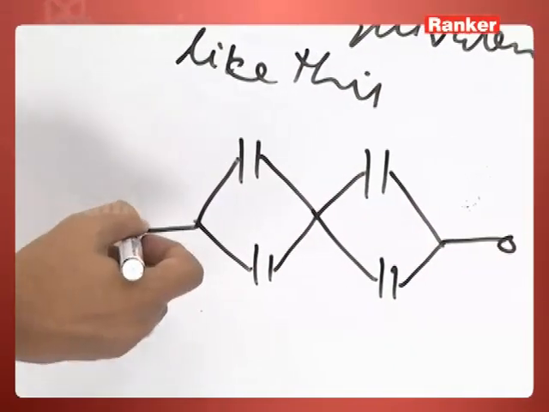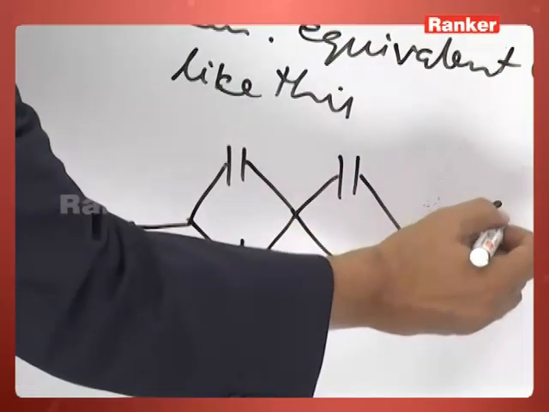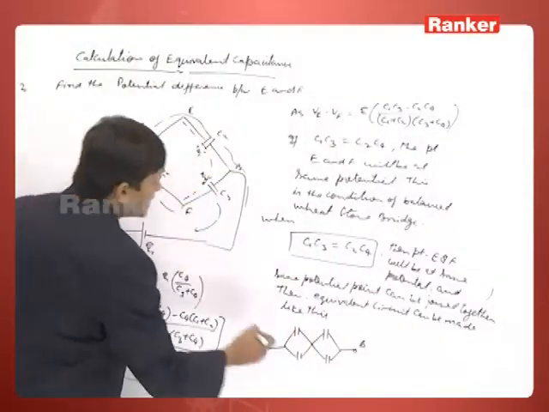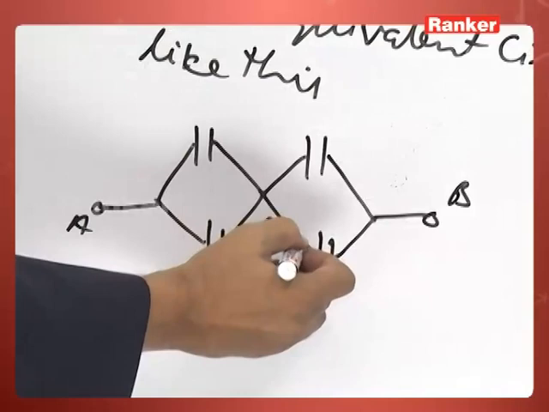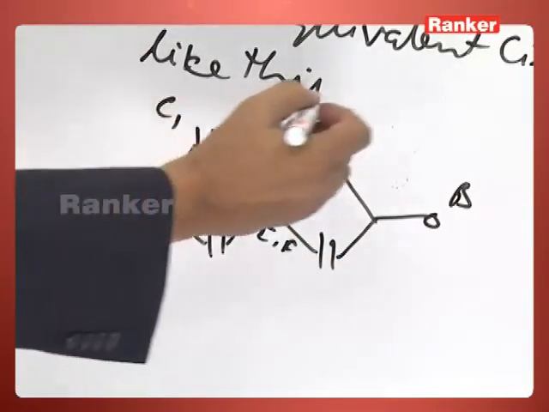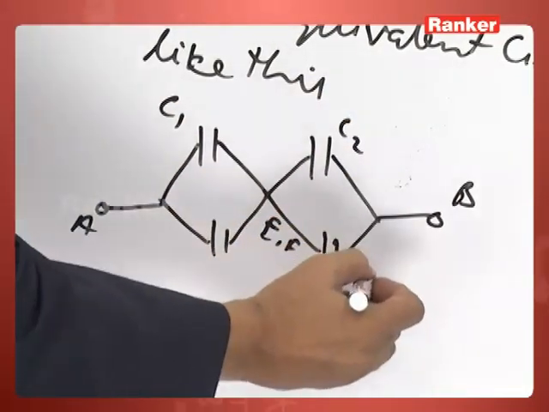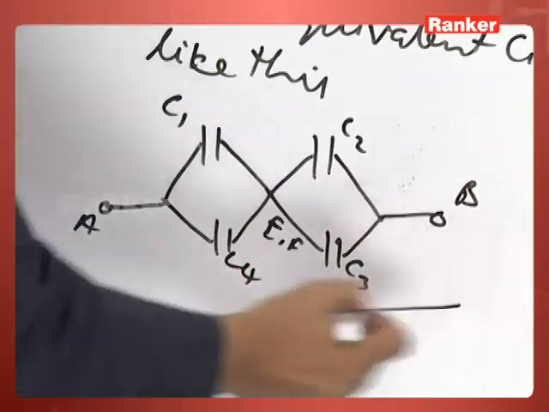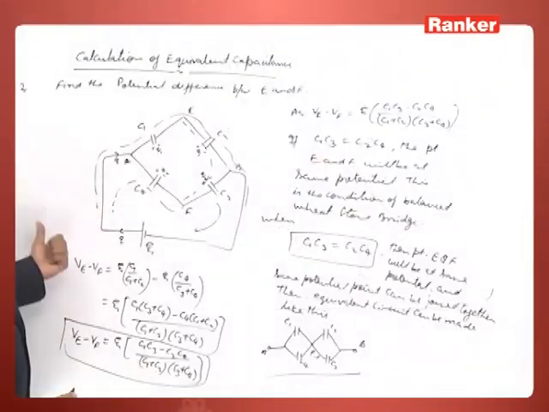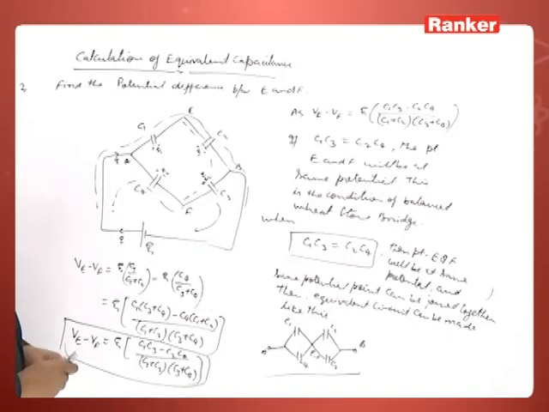These are the effective circuit if this is the condition, and E and F are the same point, and this is C1, C2, and this is C3 and C4 like this. So this is the condition for balanced Wheatstone bridge also.